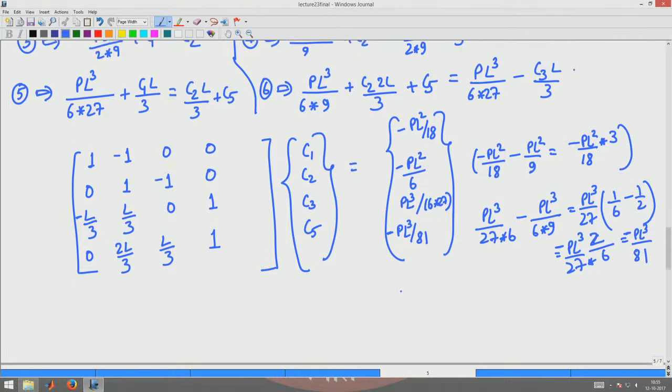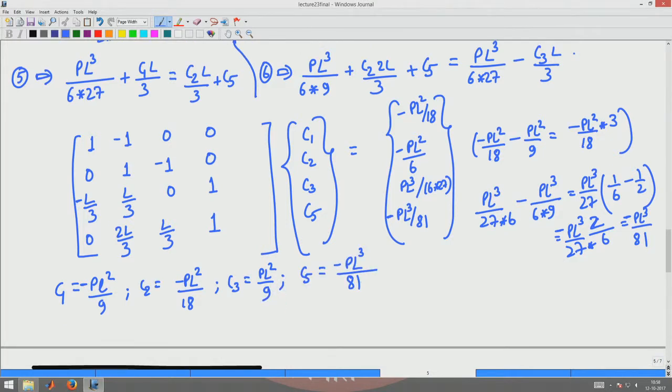Okay. Now, if I solve for these constants, I will get C1 to be minus PL square by 9, C2 would be minus PL square by 18, C3 would be PL square by 9, C5 would be minus PL cube by 81.